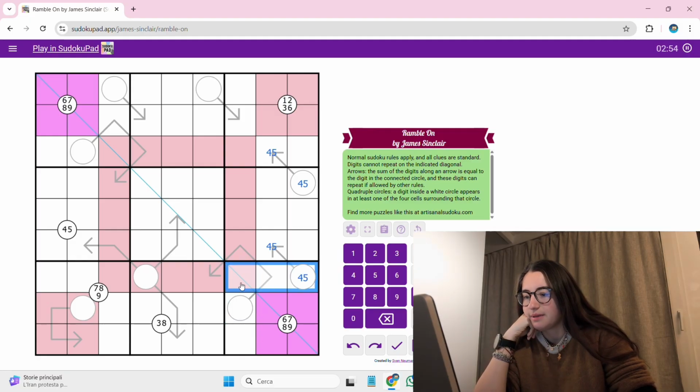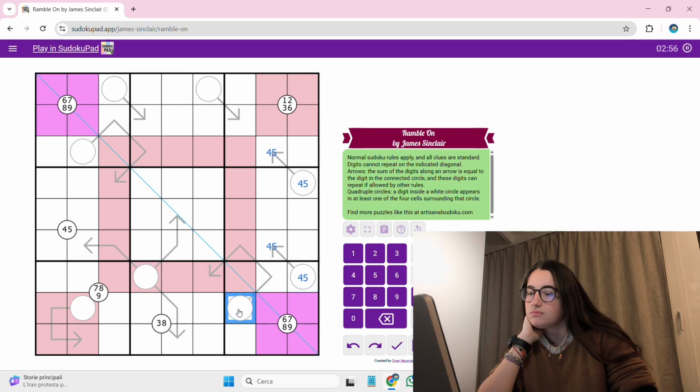What else can we say about this? This arrow maybe is useful somehow. So we know that 6, 7, 8, or 9 is not possible. The minimum that we can have here is this being 1, this being 1, and this being 2. So the minimum that we can have here is 4. So we can have 4 or 5.